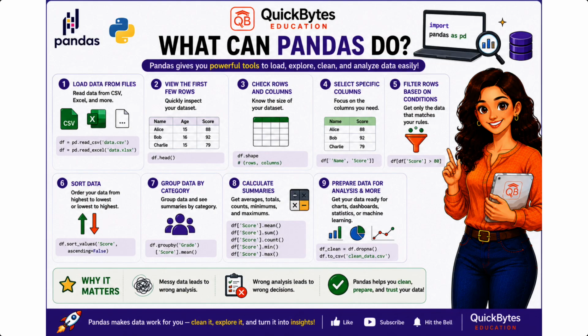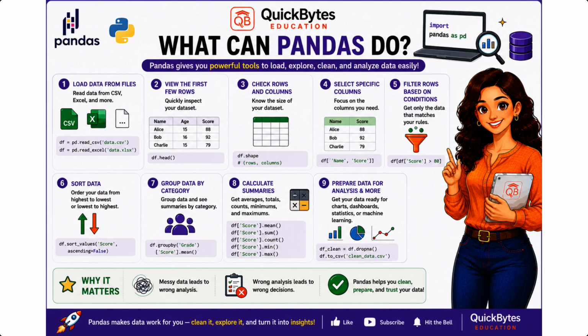Now, what can Pandas actually do? Pandas can load data from files like CSV or Excel files. Pandas can show you the first few rows of a dataset so you can quickly inspect it. Pandas can tell you how many rows and columns your dataset has. Pandas can help you select specific columns. Pandas can filter rows based on conditions.